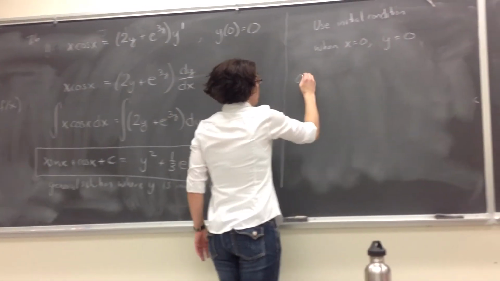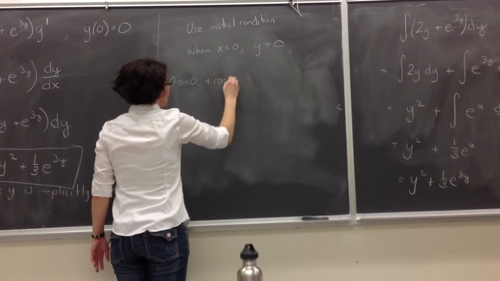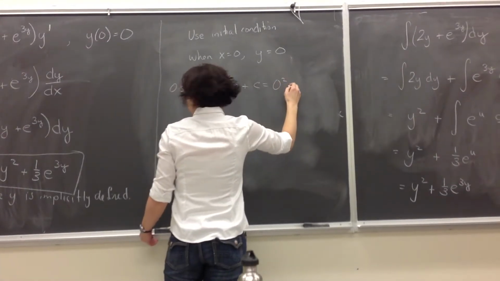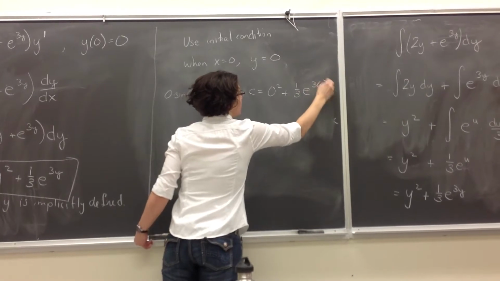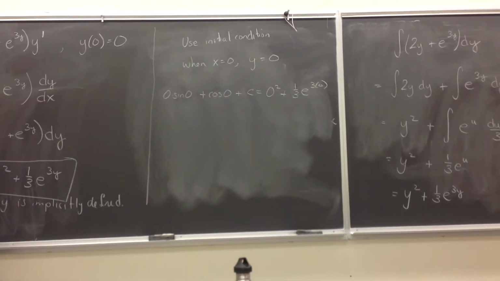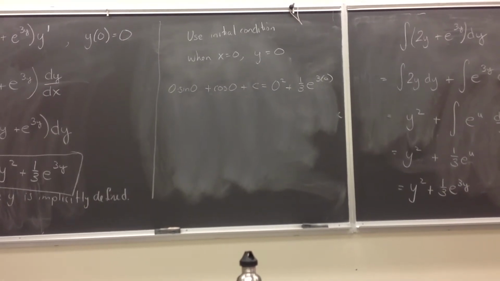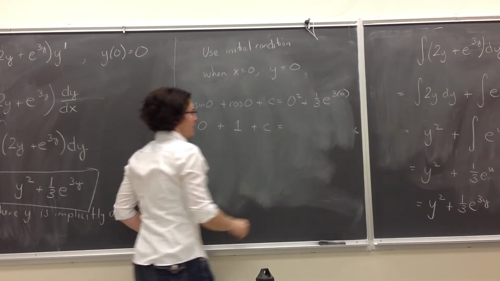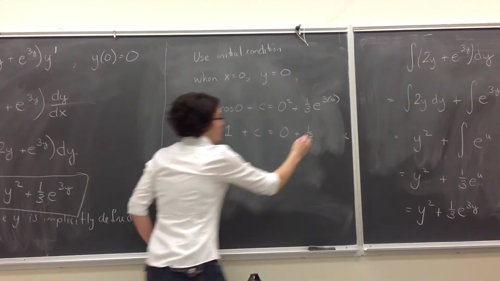So we've got 0 times sine of 0 plus cosine of 0 plus c is equal to 0 squared plus 1/3 e to the 0. So we have 1 plus c on the left side, and on the right side we have 0 plus 1/3 times 1.